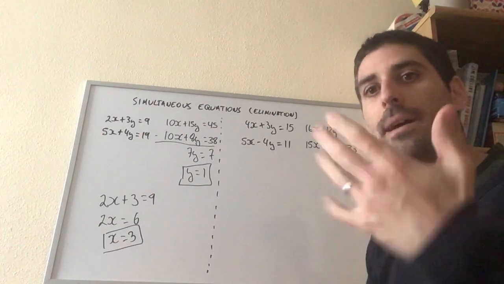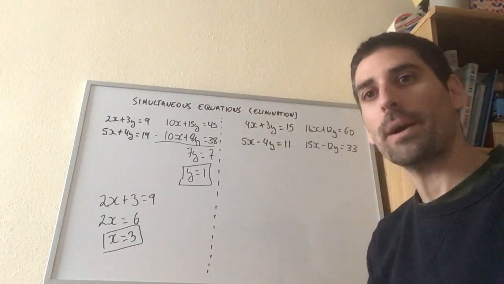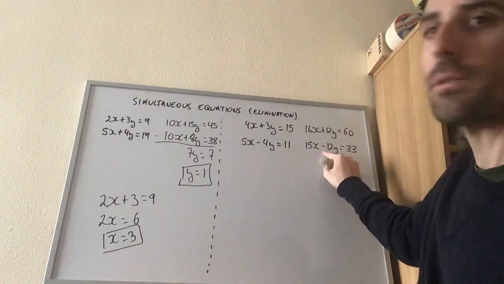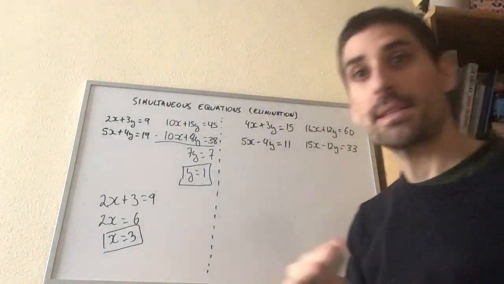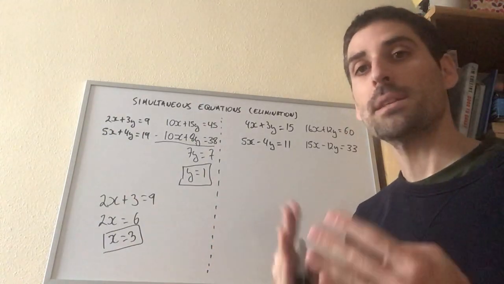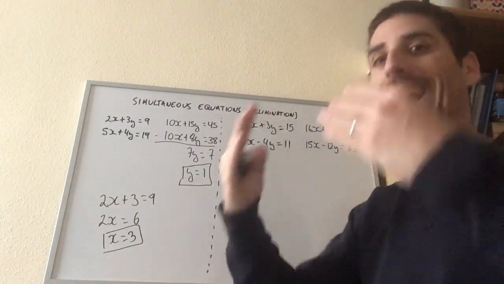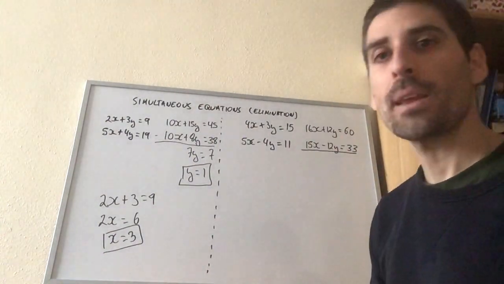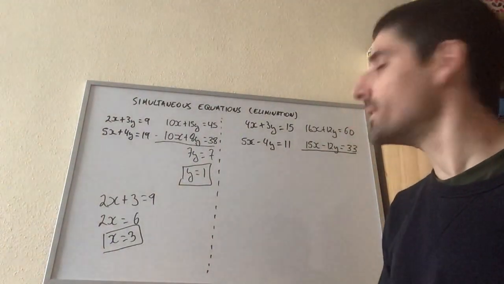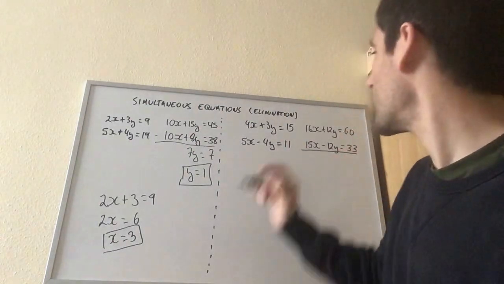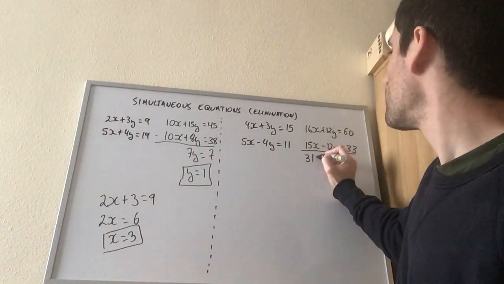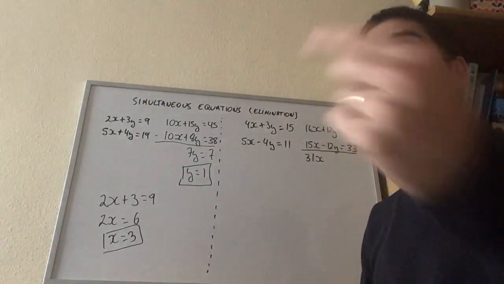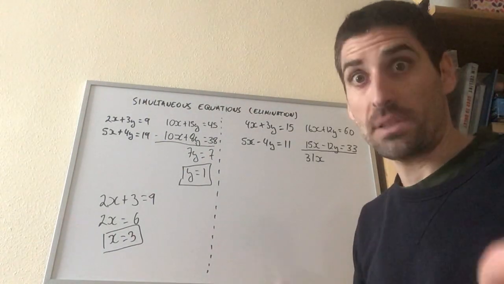Good. Now I need to decide, am I going to add or am I going to take away the two equations? I need to look at the signs on the y's, and the signs are different. And when the signs were different, we added the two equations. So if I add them together, 16x plus 15x, well, that's 31x. Positive 12y, add negative 12y, that's 0.